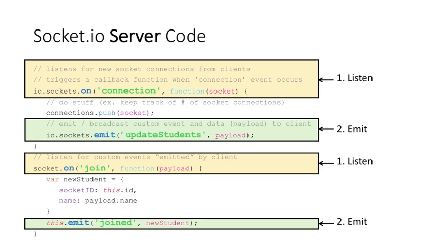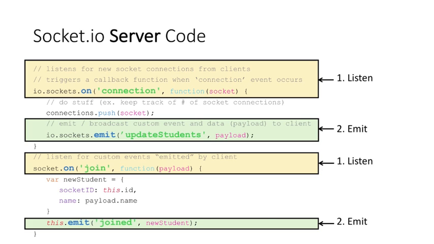and we can do whatever we want inside this callback. In this example, we're emitting a custom event called update students with a payload, meaning the data that will be sent back and broadcast to all sockets, because this emit event is an io.sockets.emit event.